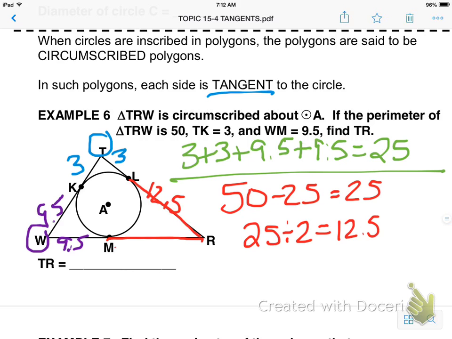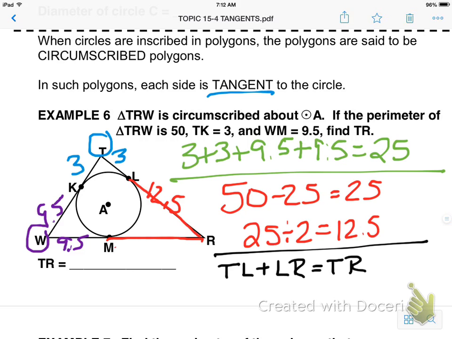I'm not done answering the question, because remember, to get TR, it's TL plus LR equals TR. So that's 3 plus 12.5. So our answer to all of this work is 15.5 units. It's not that bad, it just takes a little bit of work.